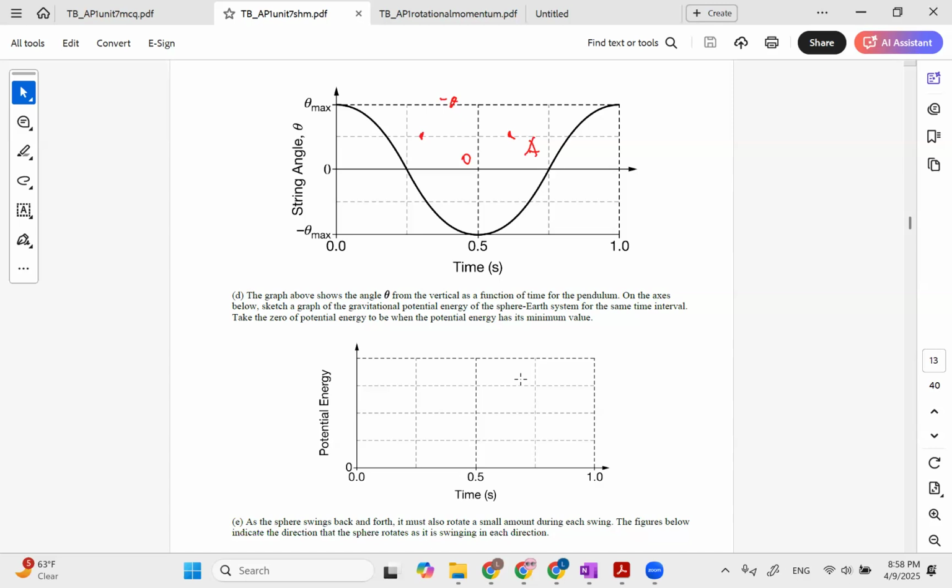So how do you draw potential energy change over time?